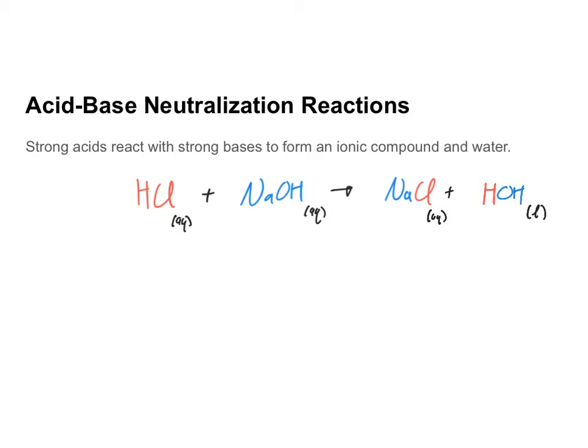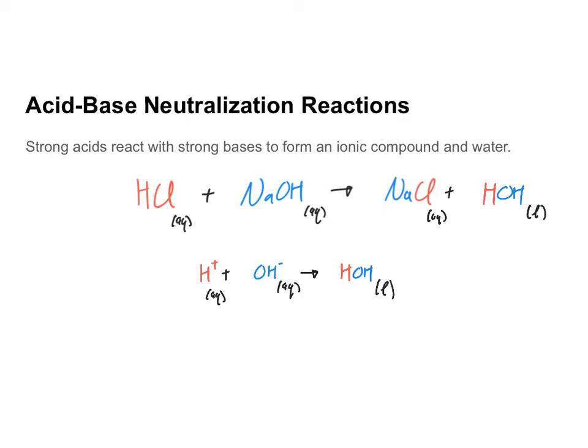To review net ionic equations, my net ionic equation here is H plus plus OH minus makes HOH, which is the water. The H plus was aqueous, the hydroxide was aqueous, and the water is pure liquid.